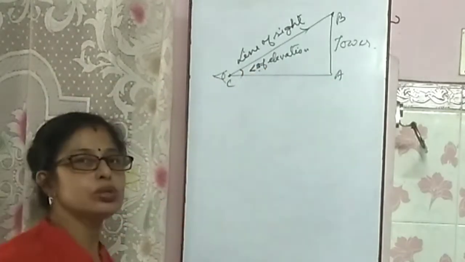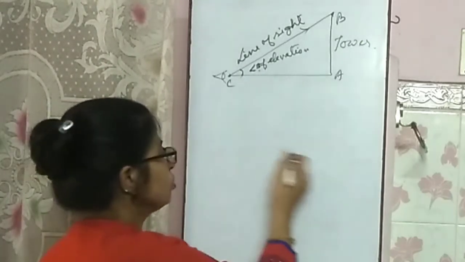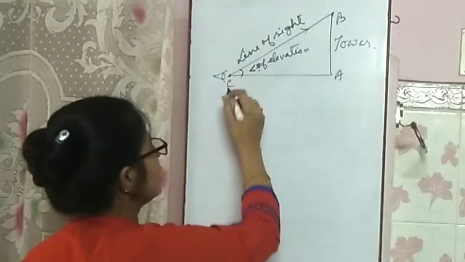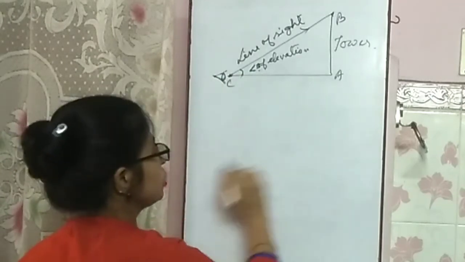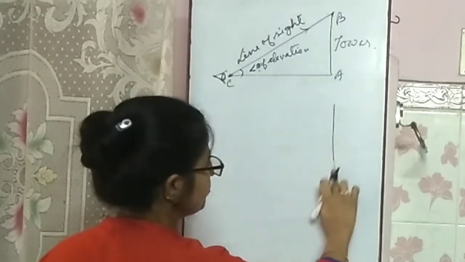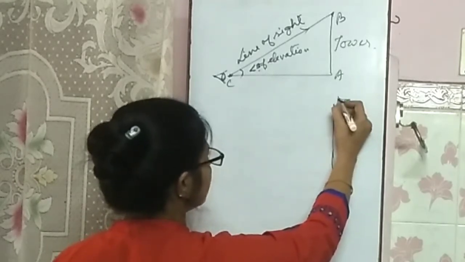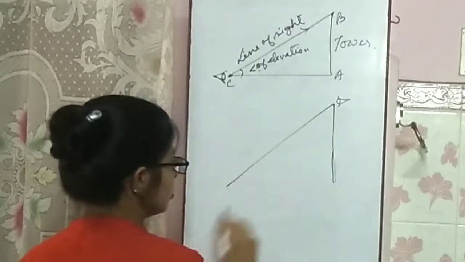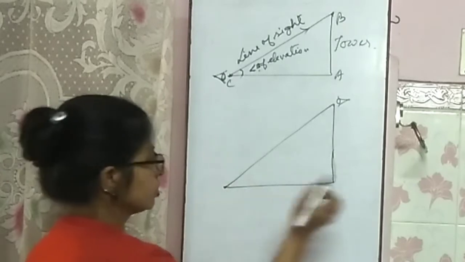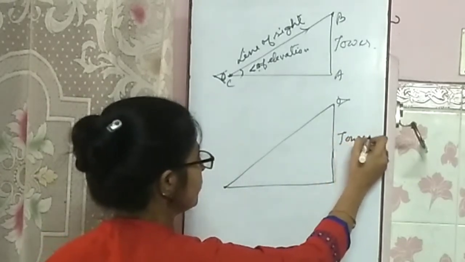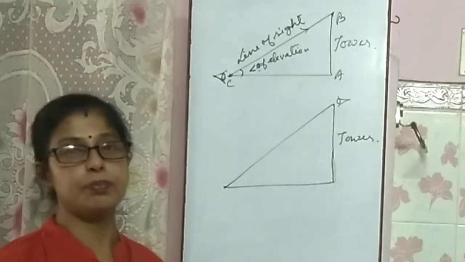But sometimes we use the word depression also. In what case will it be used? Suppose instead of the person standing at this horizontal position, he or she is standing at this position and watching the ground, something else or someone else, this is a tower. Then which one is considered as the angle of depression?